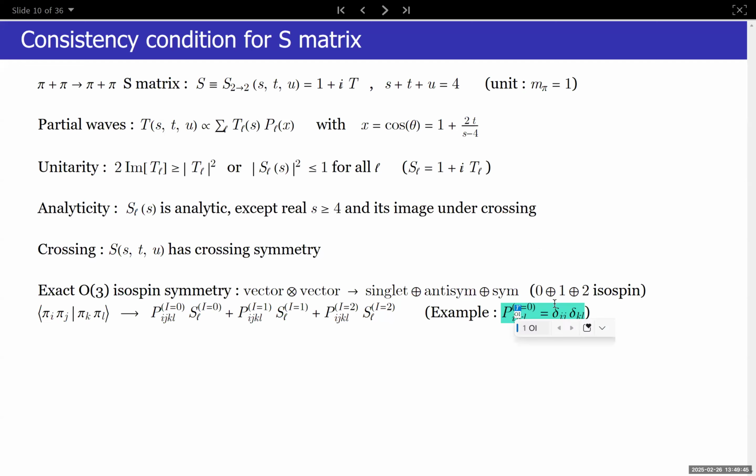So this should be isospin 0. For example, the tensor structure for isospin 0 is just delta_ij delta_kl, where ijkl is the O(3) index for the pion. Similarly, you can write down these two.